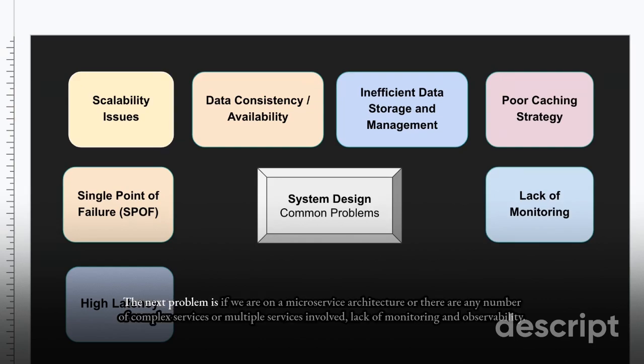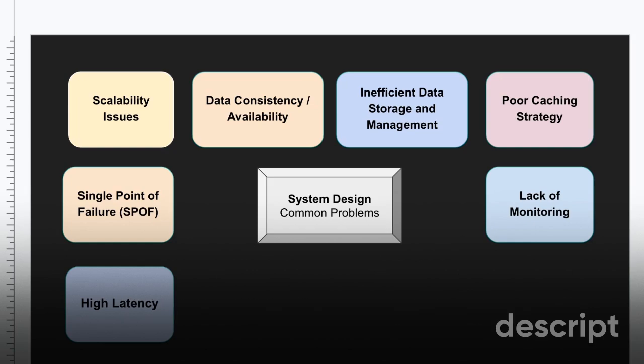The next problem is if we are on a microservice architecture or there are n number of complex services or multiple services involved, lack of monitoring and observability tends to make debugging very problematic. If you can't monitor your system, you can't fix it when things go wrong.